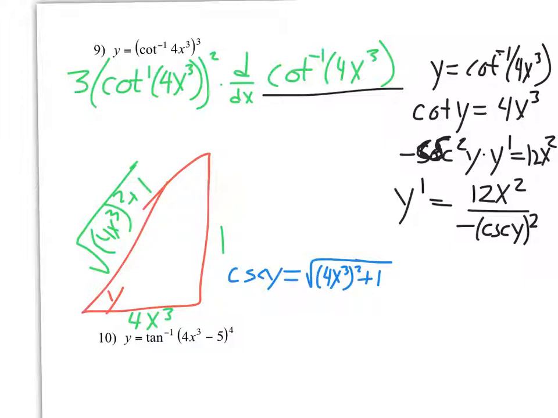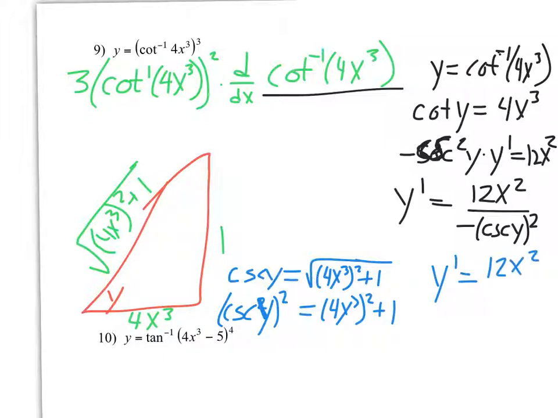And then if I want cosecant squared of y, or cosecant of y squared, that's equal to just 4x cubed squared plus 1. So the derivative for this part is going to be 12x squared over 4x cubed squared plus 1.